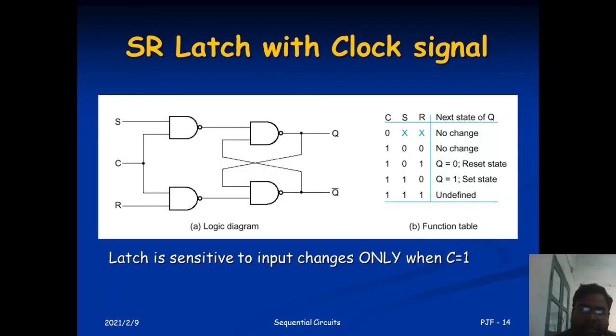So this is your SR latch, and if you have provision of a clock at this side, you will get this kind of functional table for this SR flip flop.